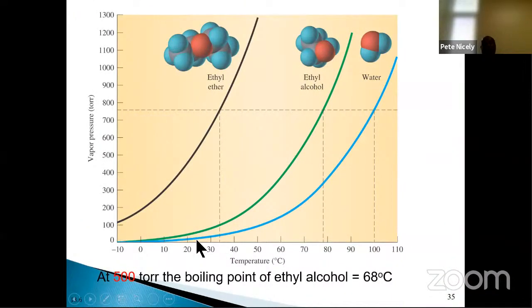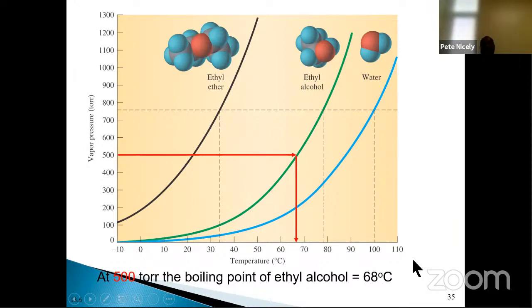For example, if you look at the same curves, and let's say you want to find the boiling point of ethyl alcohol at 500 torr, what you do is draw a line from 500 on the y-axis, and where it touches the curve for ethyl alcohol, you drop a vertical line down, and where it cuts the x-axis represents the boiling point of ethyl alcohol at this pressure of 500 torr, which turns out to be 68 degrees Celsius.